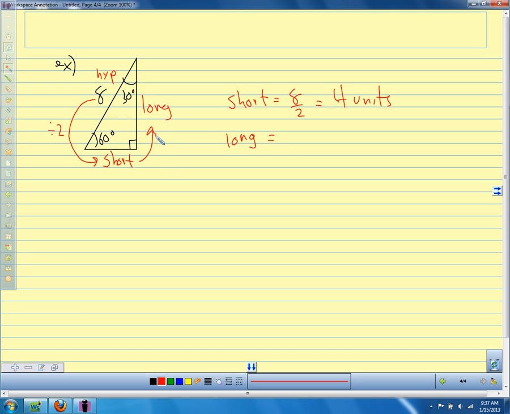Multiply. The long side is bigger, so I have to multiply to make it bigger. I'm going to multiply by the square root of 3. So the long is 4 square root 3 units. Now, questions on the examples?